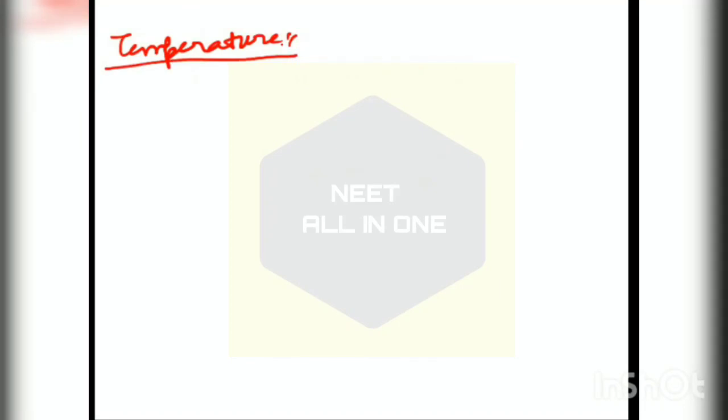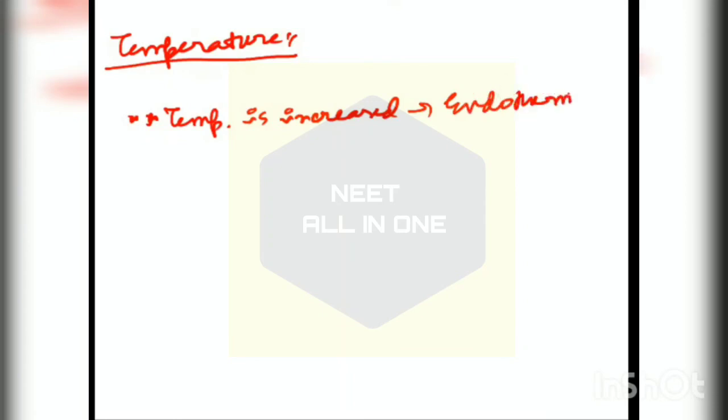You have to remember two things on it, so don't remember their opposite version because you will get confused in the exam. So, if temperature is increased, then in case of endothermic reaction, you all know what an endothermic reaction is, we have studied it in thermodynamics, it becomes forward reaction.